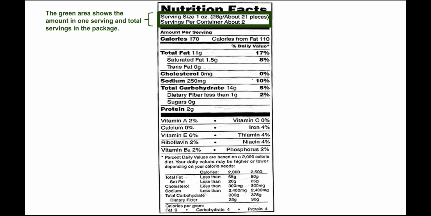The green area shows the amount in one serving and total servings in the package. Remember, serving size is a specific amount or helping of food, which is different from portion control. The blue area.